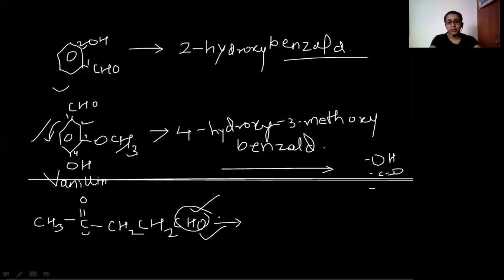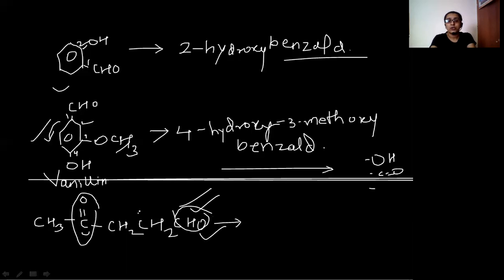Please try to remember it out because ऐसे questions आते हैं जिसमें एक से ज्यादा substituent, एक से ज्यादा functional group present हो, and you have to find out the principal functional group, okay, because एक ही functional group रहेगा ना, other functional group will be considered as a substituent or as a locant, okay. So here this group is considered as a substituent and this is your principal functional group.